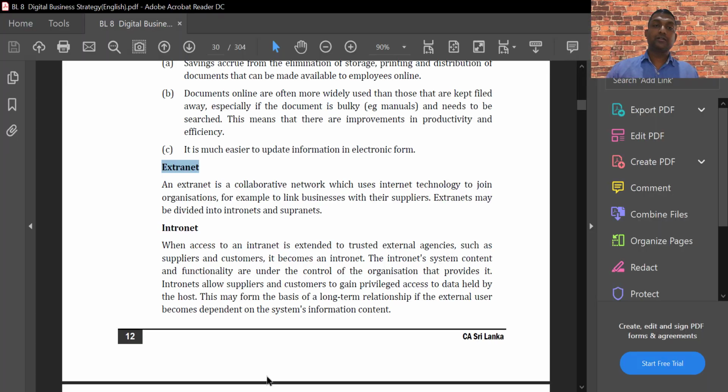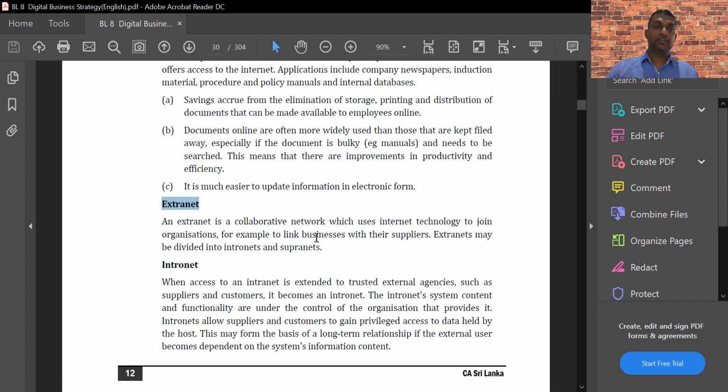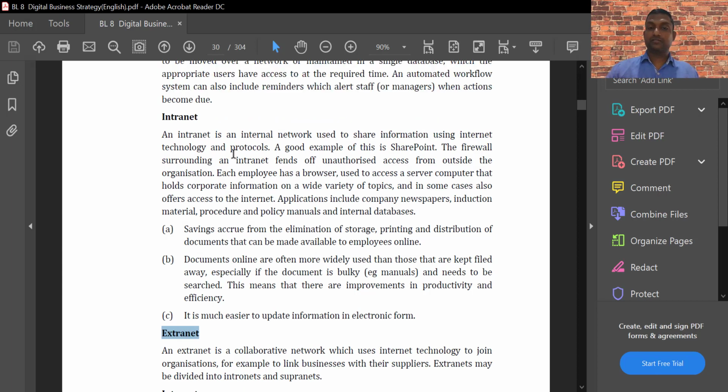So we can now forget about the extranet, intranet and supranets, all three, because the whole concept of extranet is to let outside parties work with our system. Then the only one left is the intranet. This is the network type that the question is asking. An intranet is an internal network used to share information using internet technology and protocols, right?